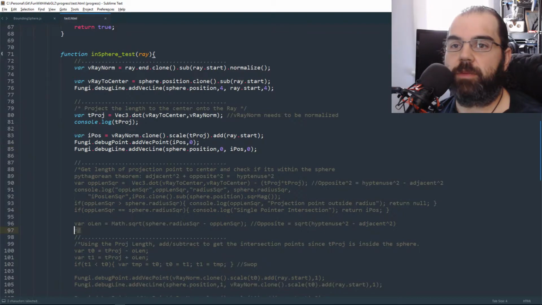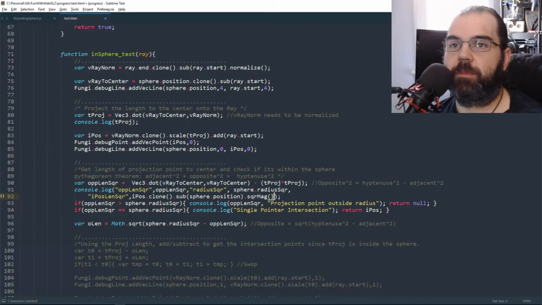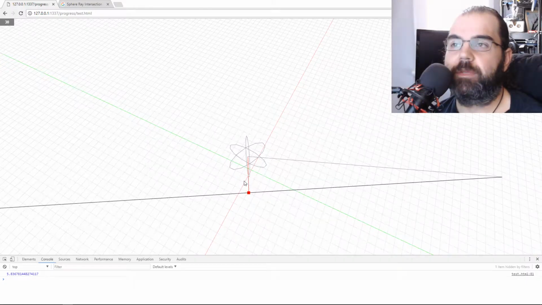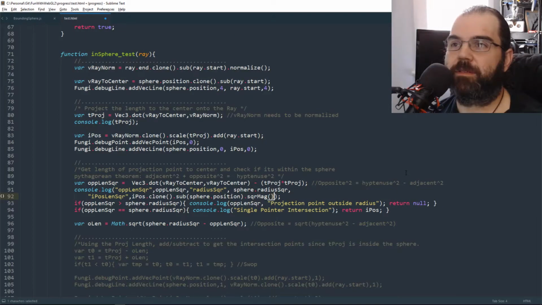That's what we're going to do here. So this is the Pythagorean theorem. To me, it's like a tongue twister. We have adjacent squared plus opposite squared equals hypotenuse squared. This is the hypotenuse.